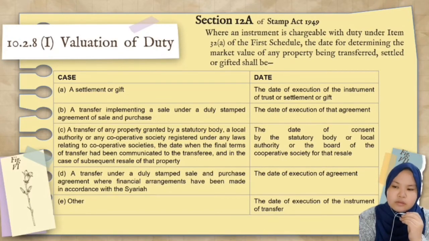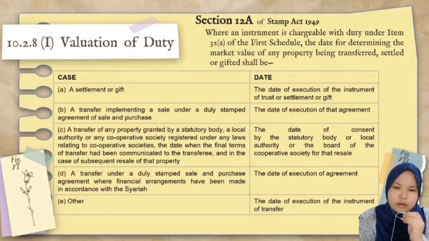The date is when the final terms of transfer have been communicated. In the case of a subsequent resale of that property, the date will be on the consent by the statutory body, local authority, or the board of the cooperative society for that resale.